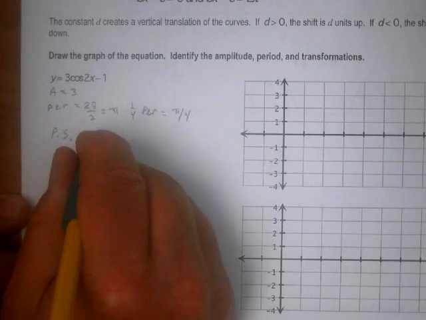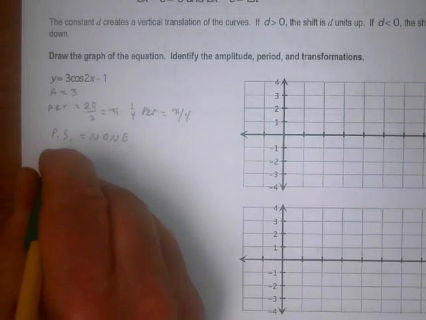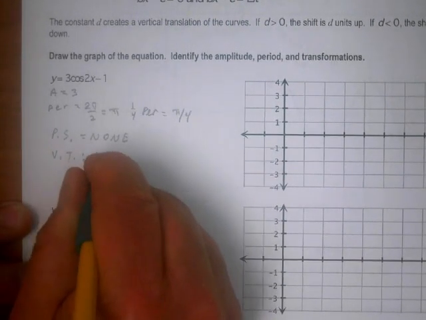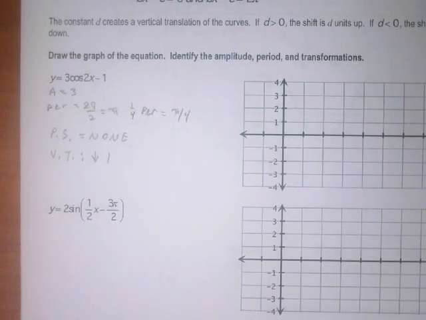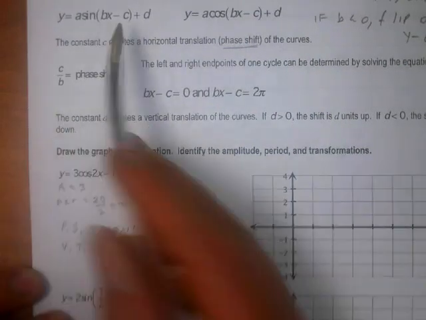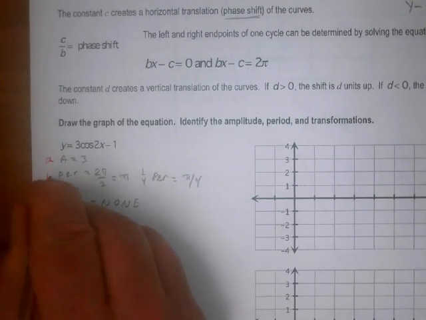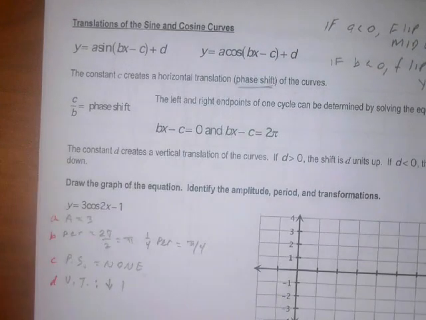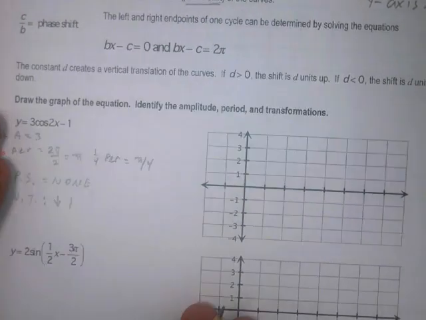Phase shift, which I'm going to abbreviate PS, is none. Vertical translation, down 1. Now, in terms of this equation up here, this is A, this is your B, that's C, and that's D on this equation right here.